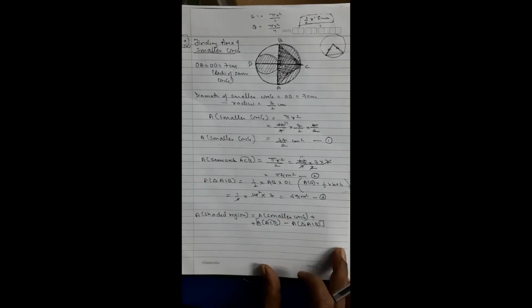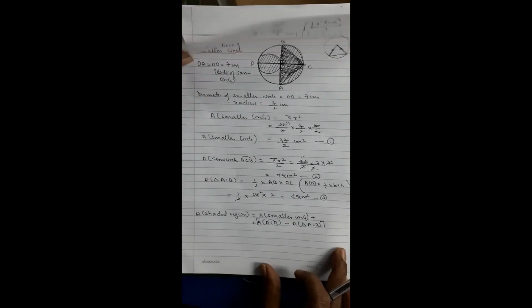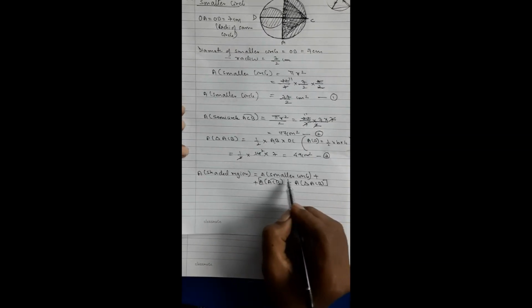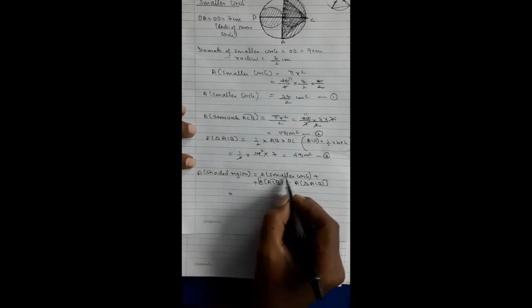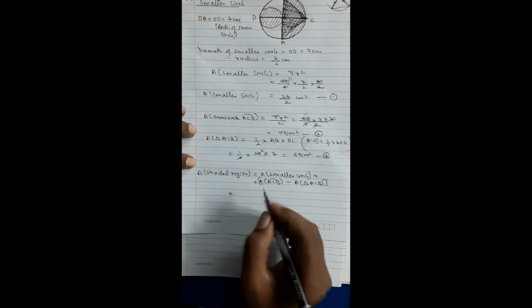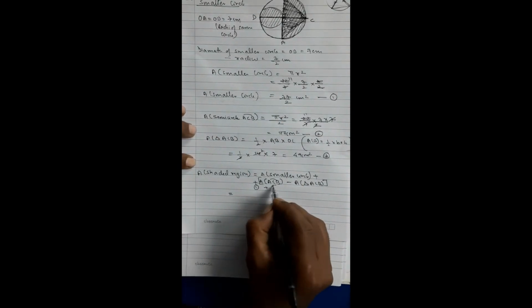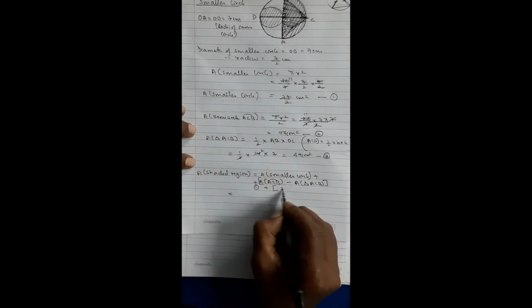This and this we have to add. So area of the smaller circle is 1, plus ACB is 2, minus 3.